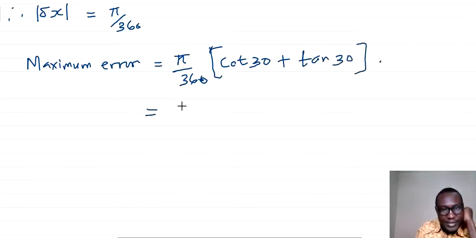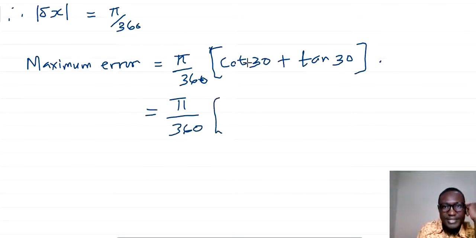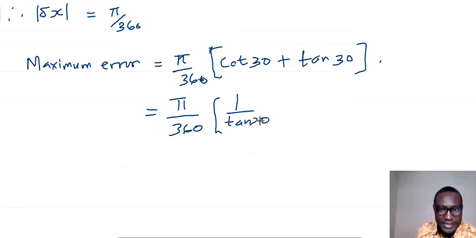So this here is equal to pi all over 360 into bracket. What is cot? Cot is 1 all over tan, it's the inverse of tan. So this is tan 30 plus tan 30.